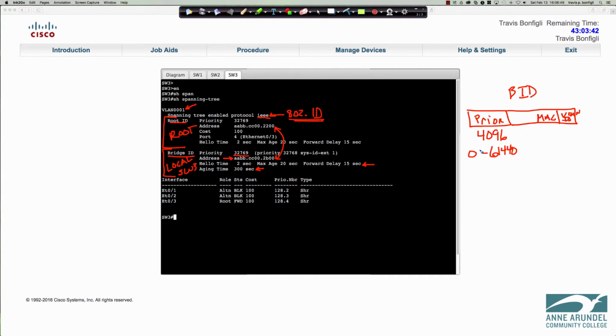Now by default, what is the default priority? By default, the default priority is 32,768 plus the system ID extension. Now the system ID extension is simply the VLAN number, right? So when we look at VLAN 1 and we see that VLAN 1 has a priority of 32,769, it's simply the default priority 32,768 plus 1, and that gives us 32,769.